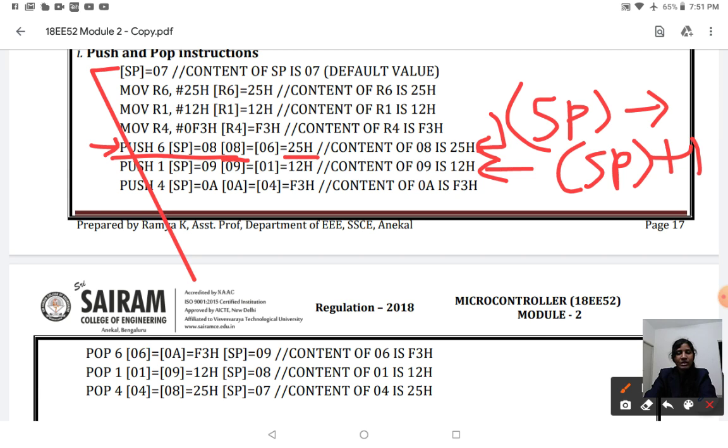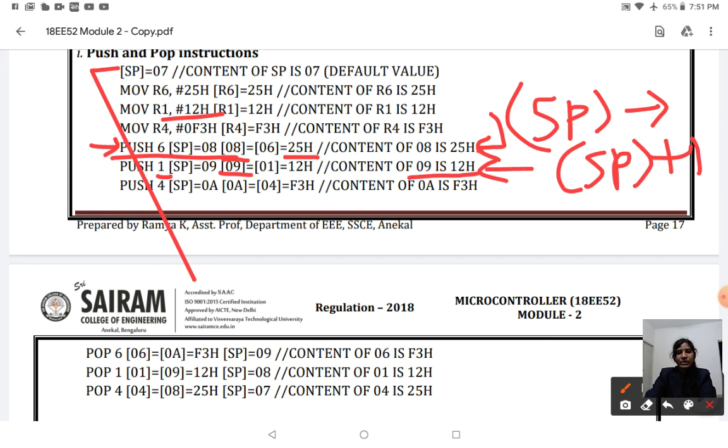That is, 08 was the content of your stack pointer, it is incremented by 1, and now the content of the stack pointer is going to be 09. Inside that 09 address, whatever value you have in R1 will be moved. So 12 will be moved as content to address 09.